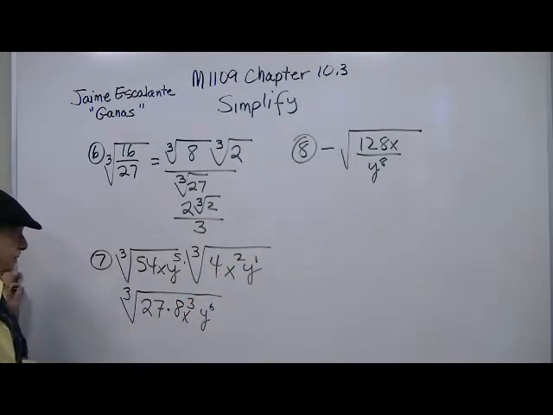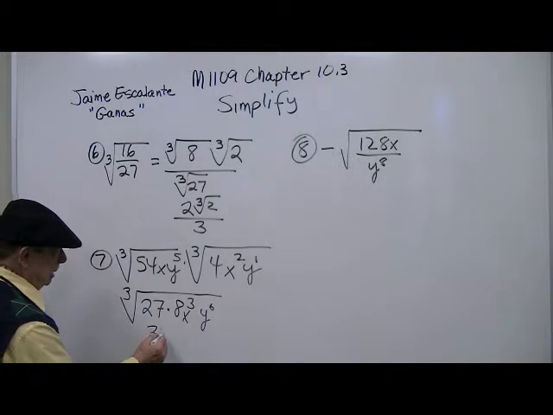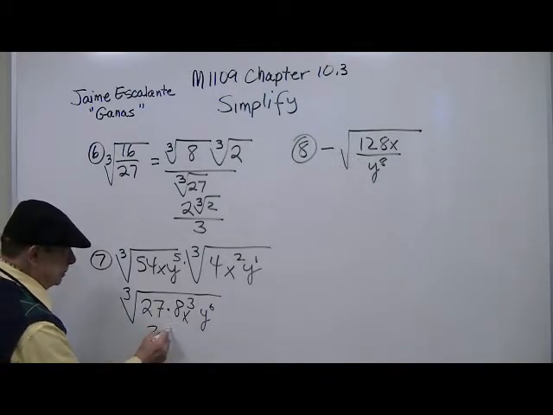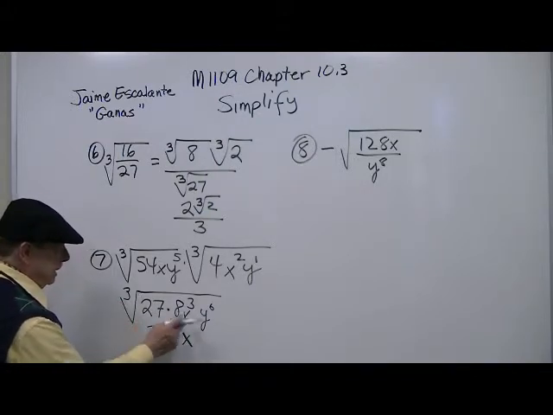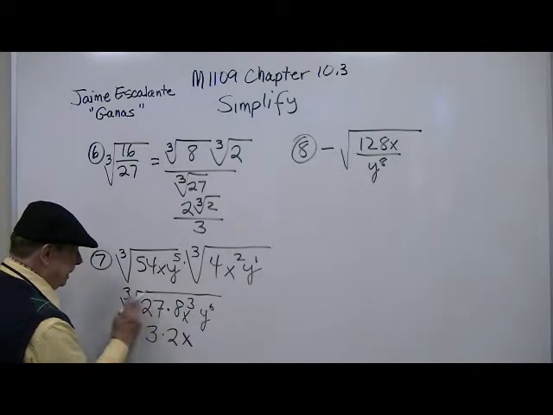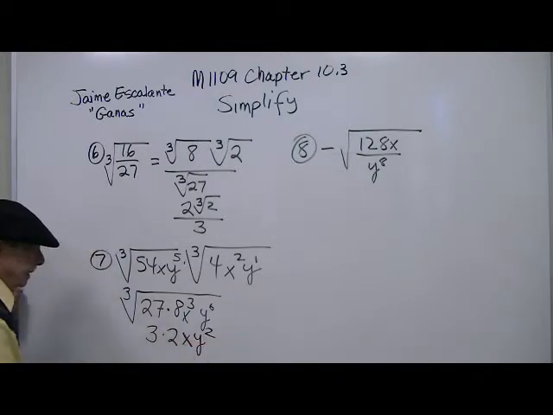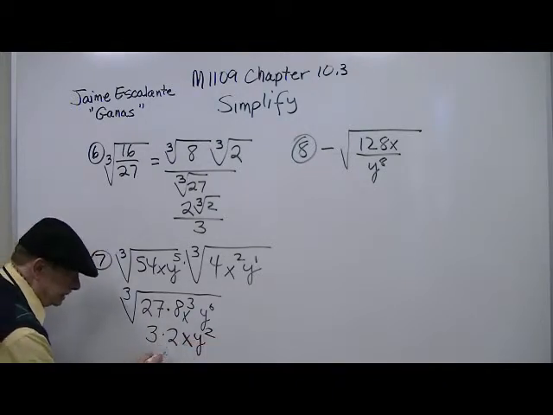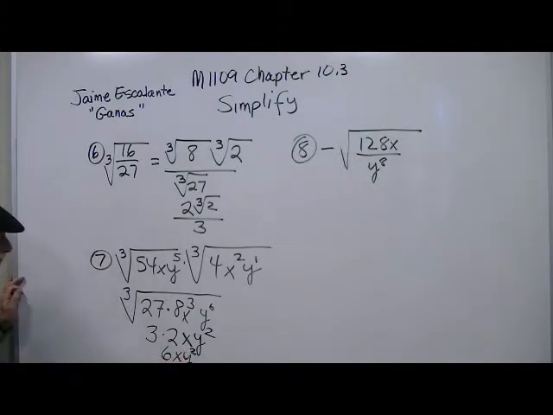This is a perfect cube. So the cube root of this is 3. The cube root of this is 2. And the cube root of this is x. And the cube root of this, remember dividing the 6 by 3, we get y to the second. And 2 times 3 is 6, x, y to the second.